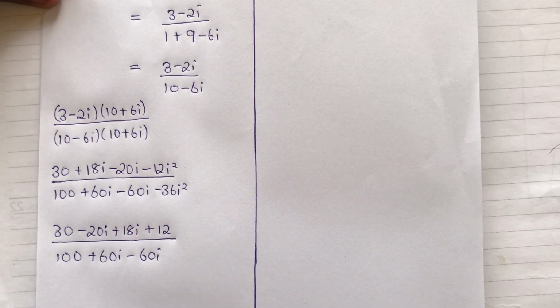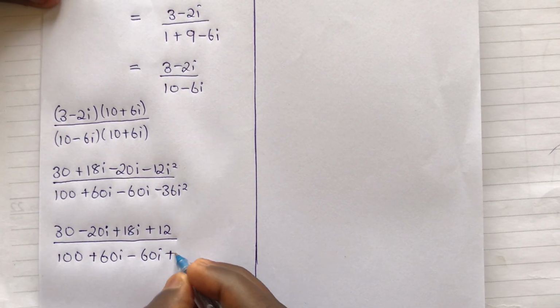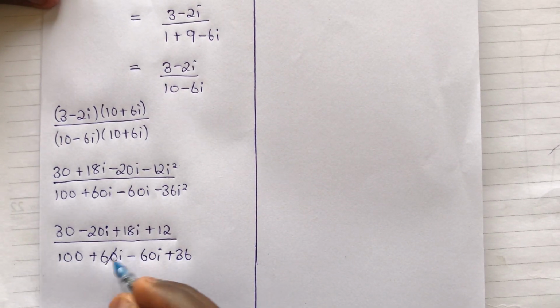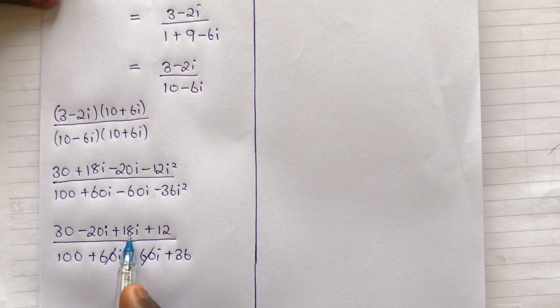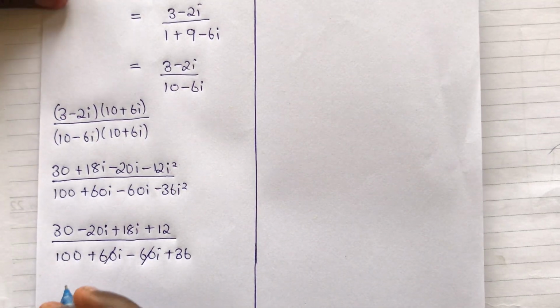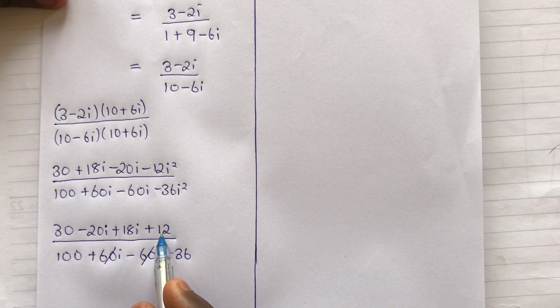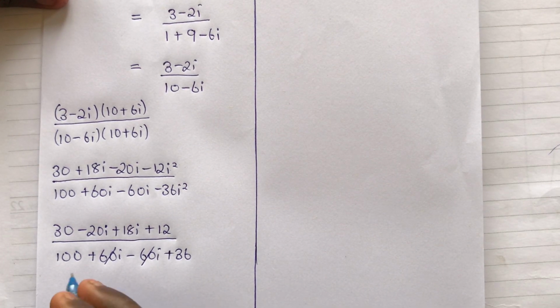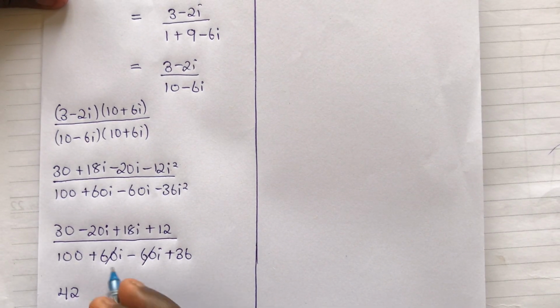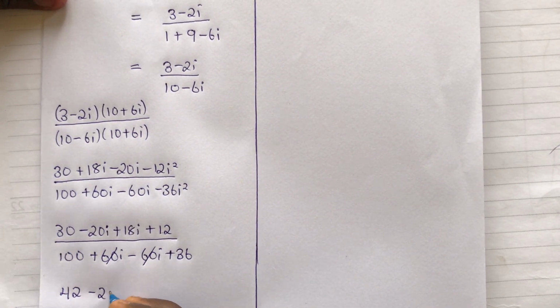When we substitute negative 1 here, we have plus 36. So now we know this will cancel this. We can add this to give us minus 2i. So we are having 30 plus 12 is giving us 42, and we add this and this, minus 2i.